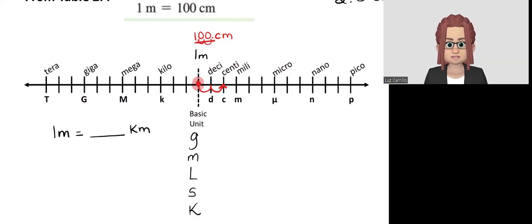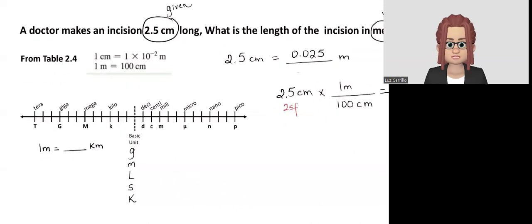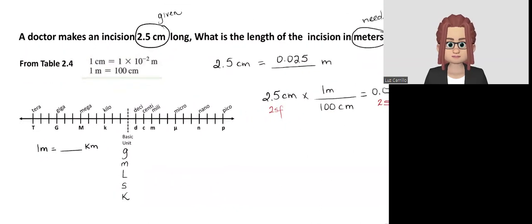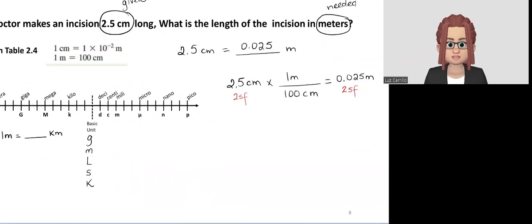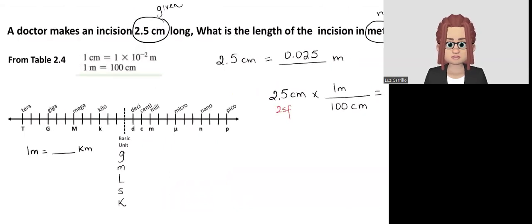Now, how do we use the number line method to solve the overall problem without any use of dimensional analysis? Well, we could do it in the following manner. In the number line, we can find the unit that is given.